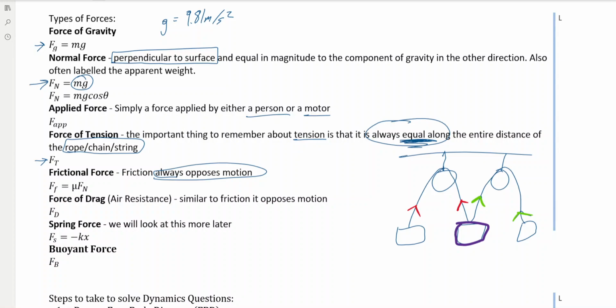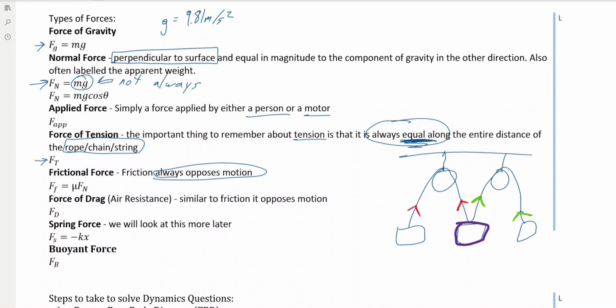Sometimes we can say Fn is mg because of before, right? But not always. It depends on if there are angles involved or whatever else. But frictional force is always mu times the normal force.